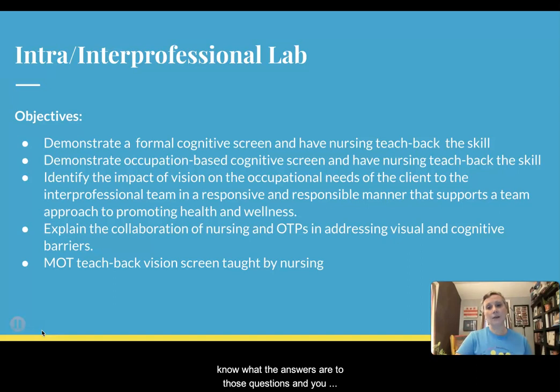And you might not necessarily get to this, but I think it might be worth educating the nurse on some functional ways to assess vision. And this could impact their safety walking and navigating the room.